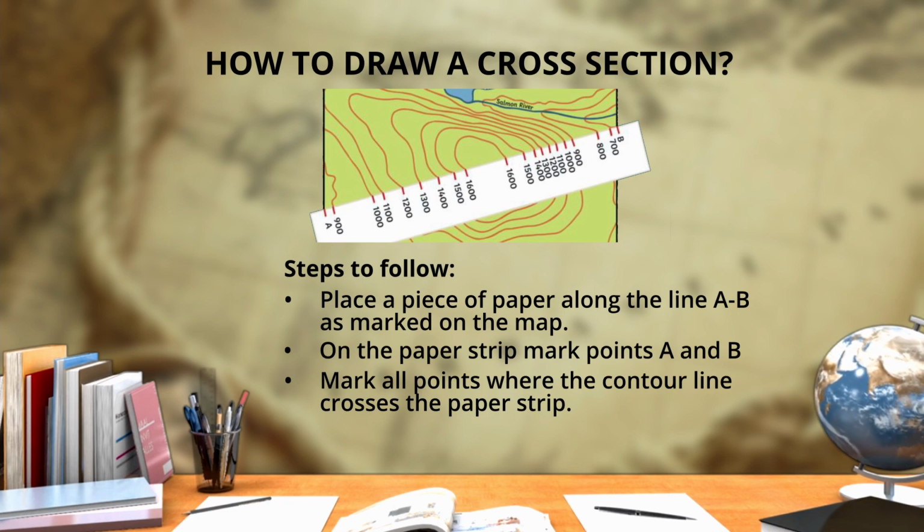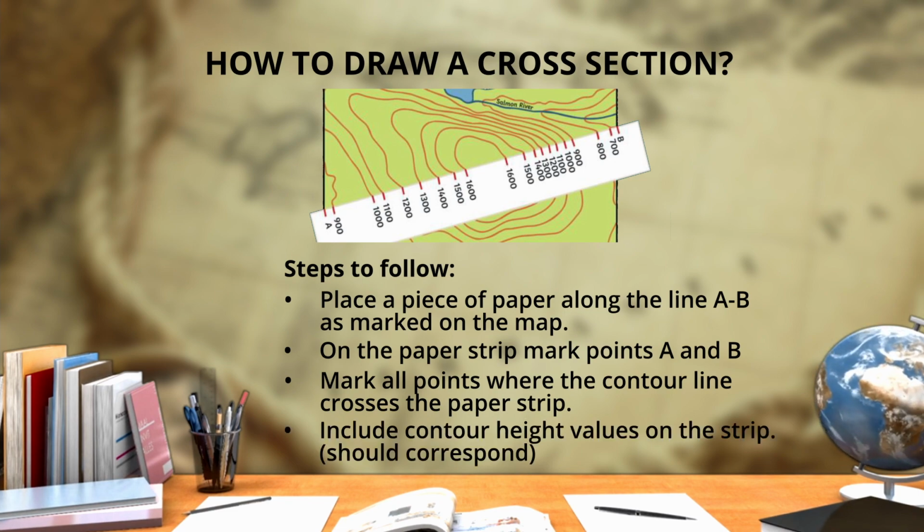Now, when we are marking these lines on the paper, we should include the correct height of those contour lines on the strips. So meaning that the strip should have the lines with the correct height of those contour lines.